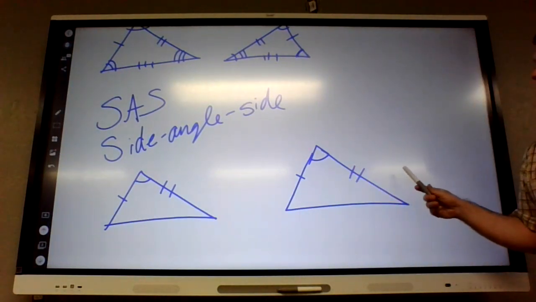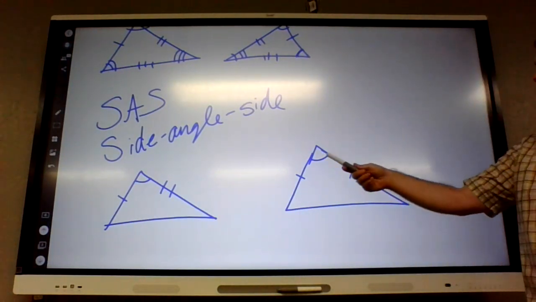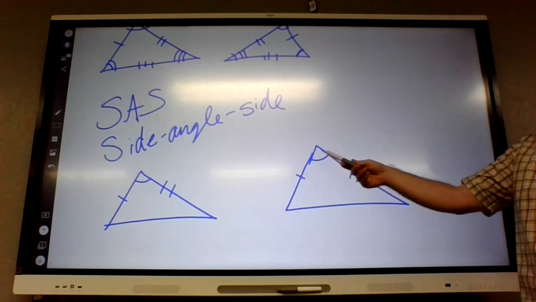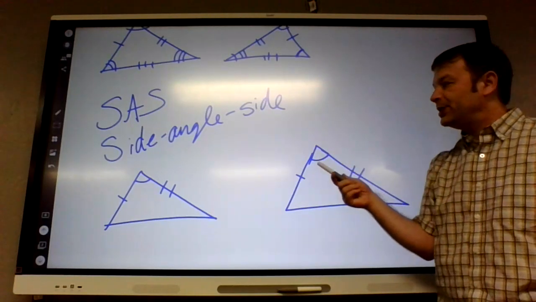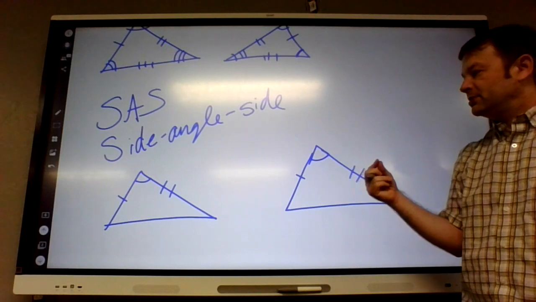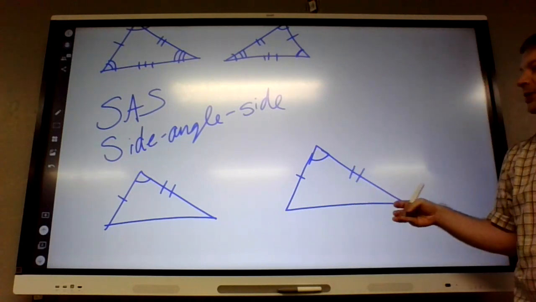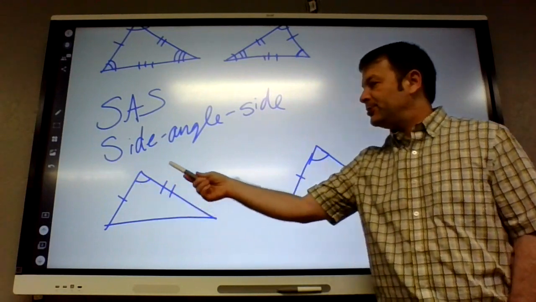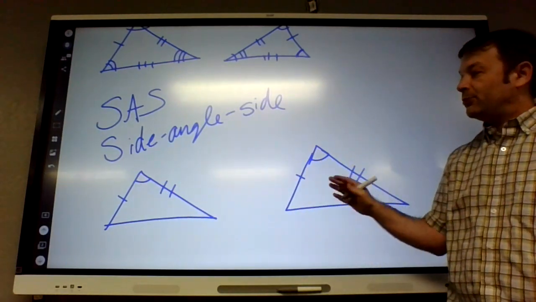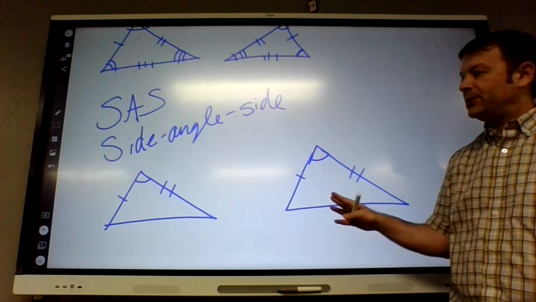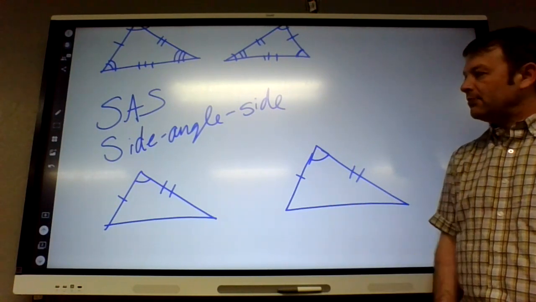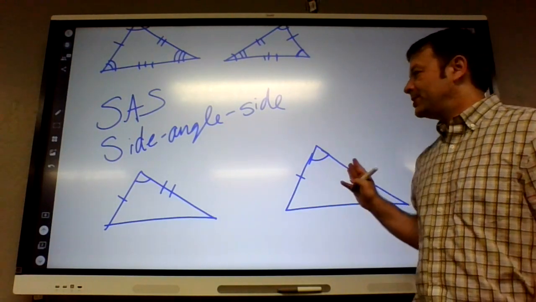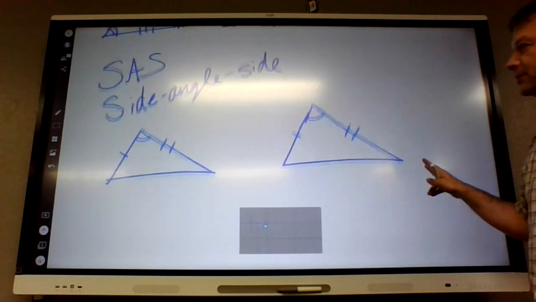When the angle is between the two sides, the book calls it included. It just means between. So if these two pairs of sides are congruent and the angle between them is congruent, this is enough to say these two triangles have to be congruent.